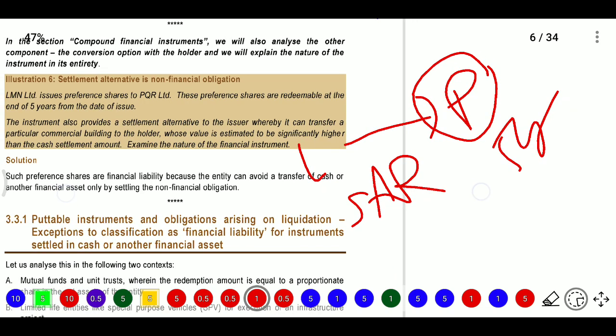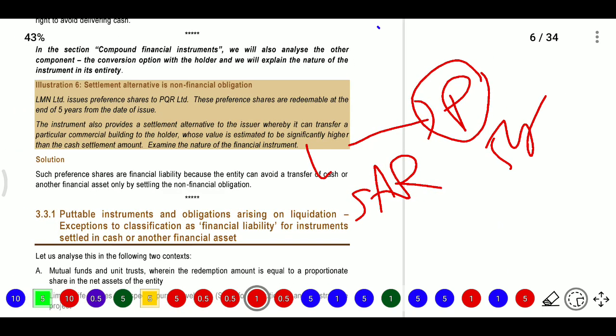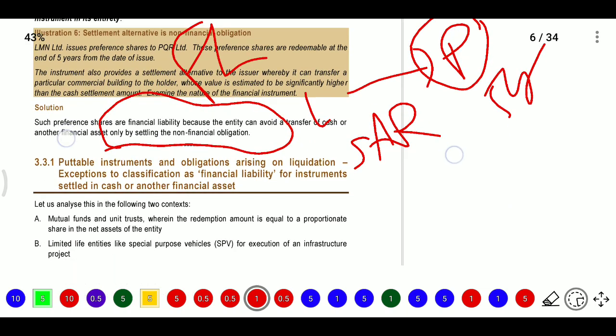So they are giving the option: you can take cash or you can take the building. Now such preference shares are a financial liability because the entity can avoid transfer of cash or another financial asset only by settling a non-financial obligation. So it is a financial liability.